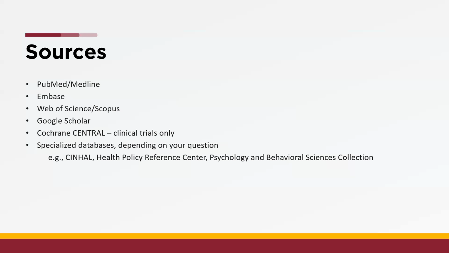And then Google Scholar is good for getting the gray literature that's a little bit outside of usual databases. The thing about searching with Google Scholar is that you need to decide how many pages of results you're going to take beforehand.